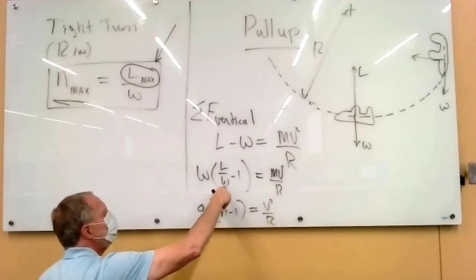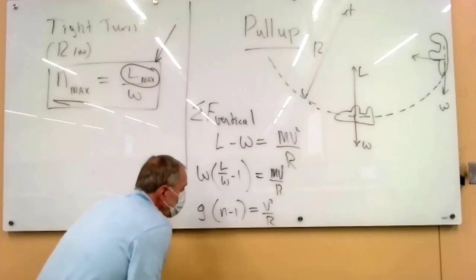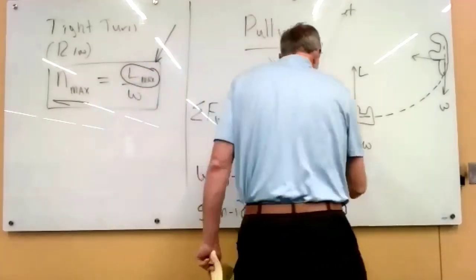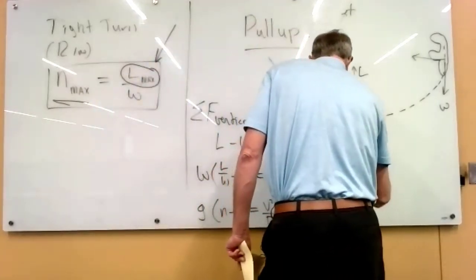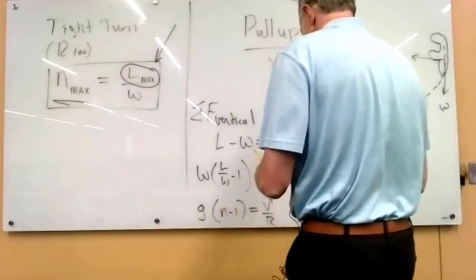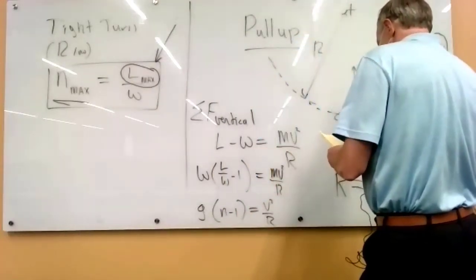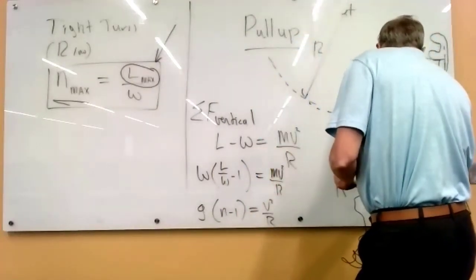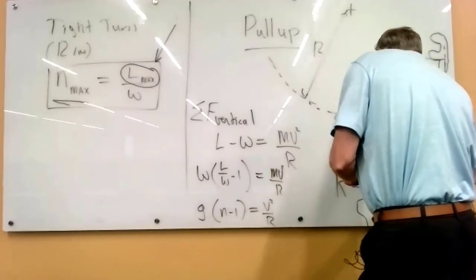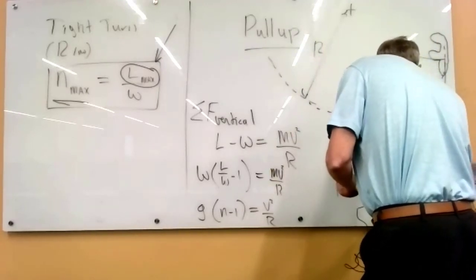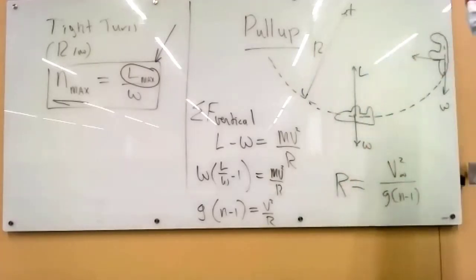So put in n for this, put in mg for this, and here we get r equals V infinity squared over g times n minus 1. So we see that we get the same behavior.